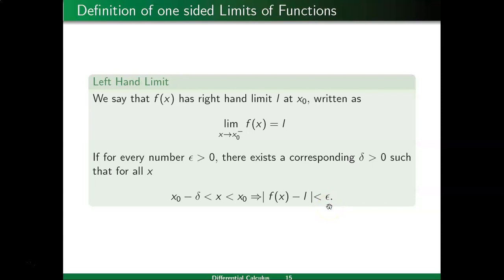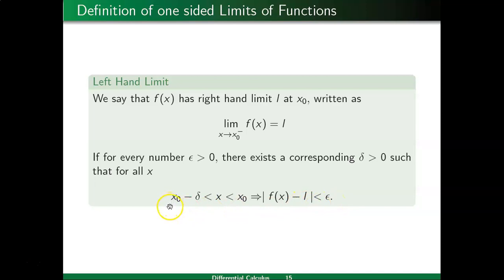Next is the definition of the left hand limit. We say that f(x) has left hand limit L at x naught, denoted by the negative sign, if for every epsilon greater than 0 there exists a corresponding delta greater than 0 such that for all x lying between x naught minus delta and x naught, |f(x) − L| < epsilon.